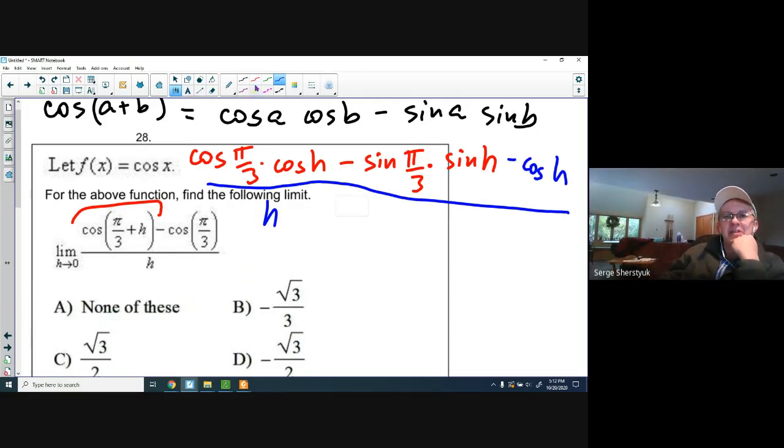This is definitely a tough problem. Here we go. I'm going to combine this. Not cancel, I really can't cancel. They don't cancel. I'm going to combine them. That's my common factor. So I'm going to cancel out this.